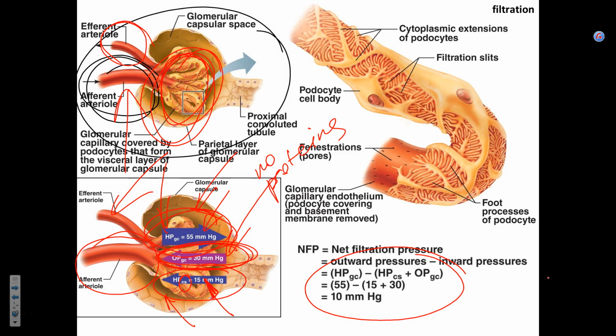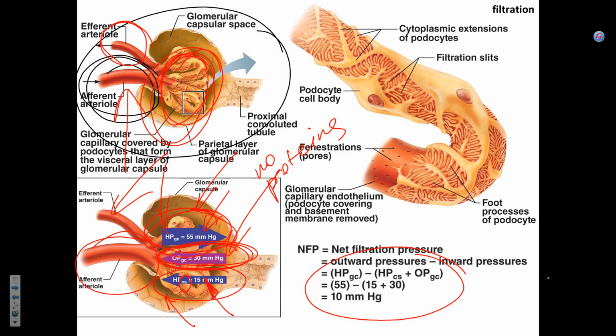Again, you know I hate numbers, like meaningless memorization. So I can ask you, let's play. Your albumin concentration in the blood goes up, you're dehydrated. Which pressure is going to increase?